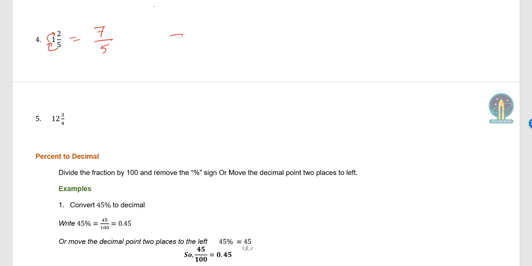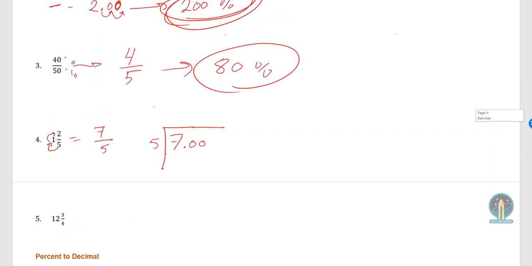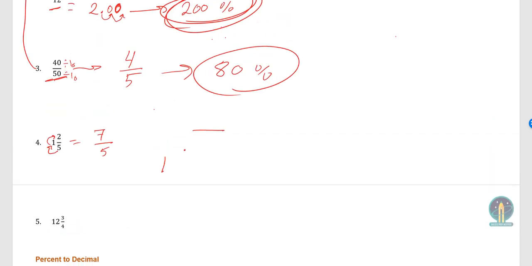Now I'm going to take the 7/5 and just do some long division. Let me actually write this a little higher because I don't want it to act up.